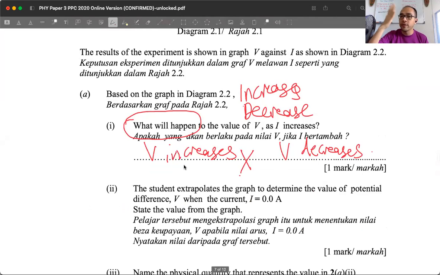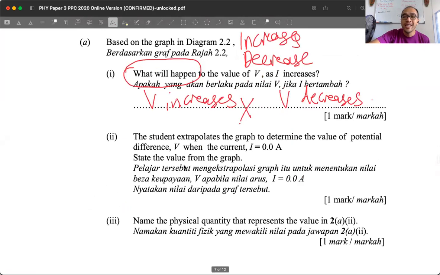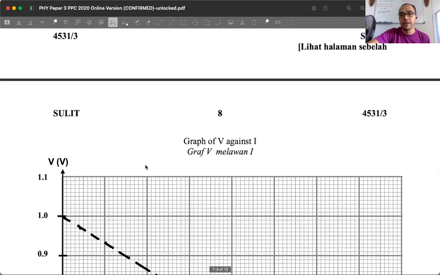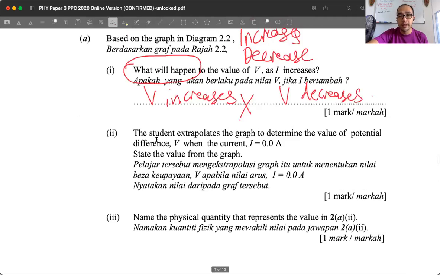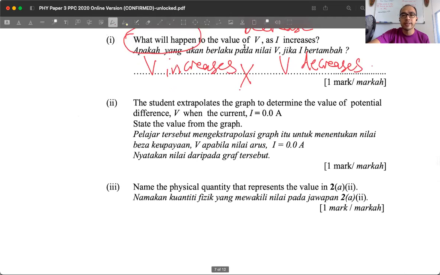It's right in front of your face. Macam mana lagi saya mau bantu kamu, kalau ini pun kau boleh cakap V increases. Wah. So this is also part of the reason why I had a big headache after marking lah, because I cannot understand how you can see these V increases. Yeah, I'm trying to control my anger.